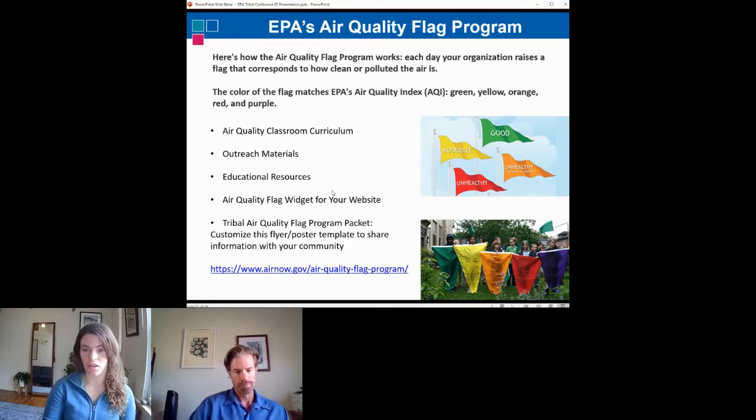There's also a variety of curriculum and outreach materials, including outreach materials specific for tribal communities, posters and templates for resources. So that's a really helpful and interesting way to visualize air quality.